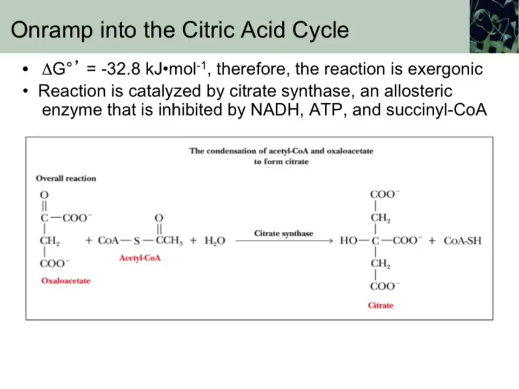Okay, we're just shuttling in the acetyl group into oxaloacetate. Okay. Notice that we are going to reform coenzyme A. So our coenzyme A acted as our good high energy carrier to facilitate and actually allow this reaction to occur, because the acetyl group is not a strong enough nucleophile on its own to attack the oxaloacetate. This is where that high energy sulfur bond comes into play and helps facilitate and carry this reaction across.